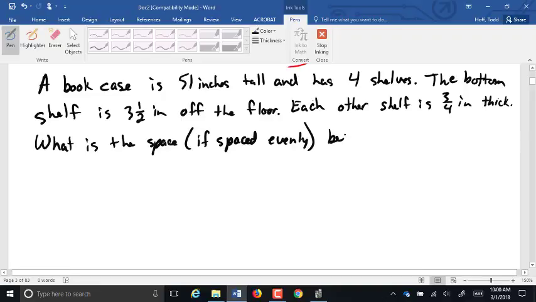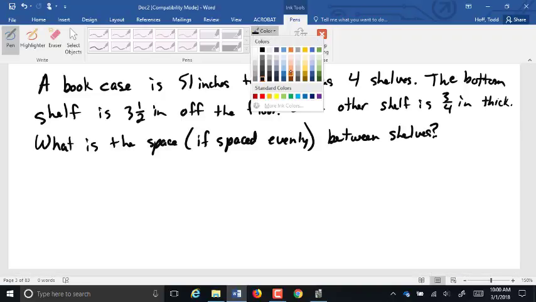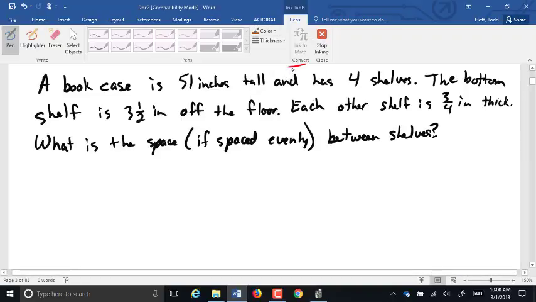What is the space between shelves? This one always confuses people a little bit because they wonder, well, does the top count as a shelf or not? In this case, we are going to count the top as a shelf.